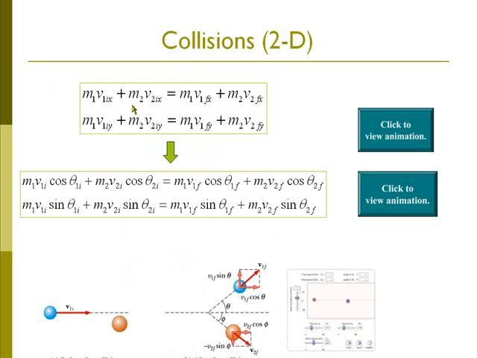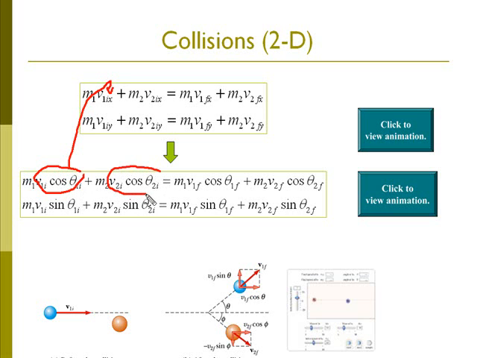Here, if we restrict ourselves to inelastic collisions, since that gives us a much easier grasp of the situation, we have conservation of momentum in the x component of momentum, conservation of momentum in the y component of momentum, and if we allow the x and y components to be written in terms of the angles of the collision, then you can see that conservation of momentum can be written in terms of theta 1 initial, theta 2 initial, because v1 initial times cosine of theta 1 initial is nothing more than v1 initial in the x direction.